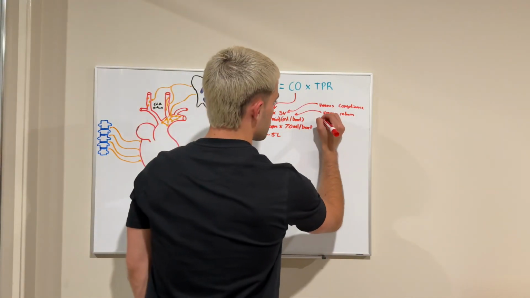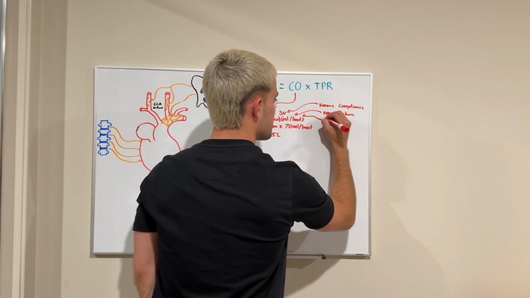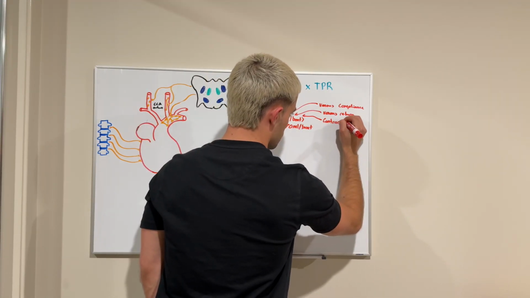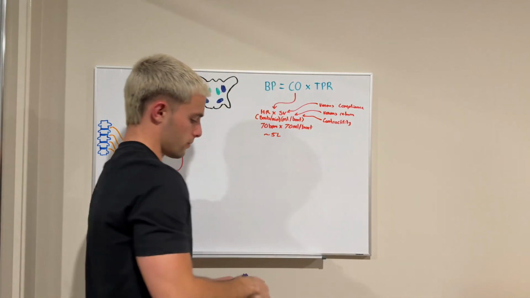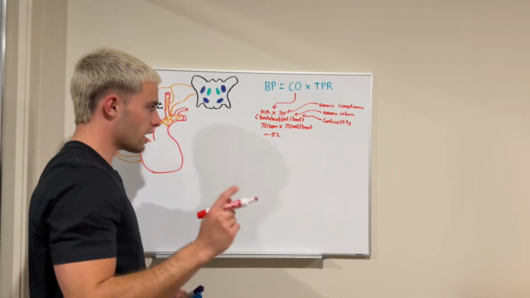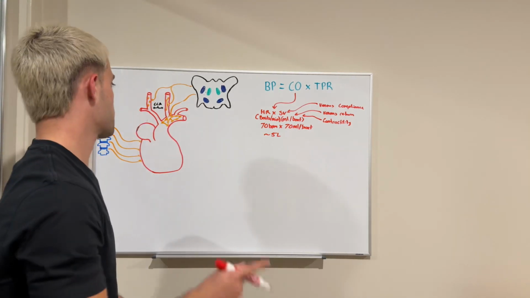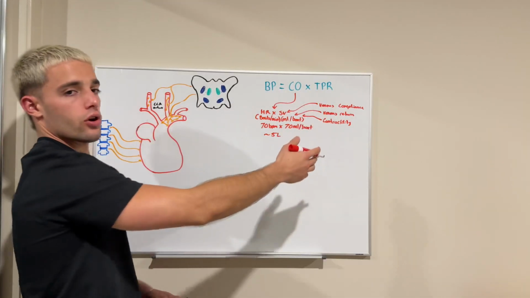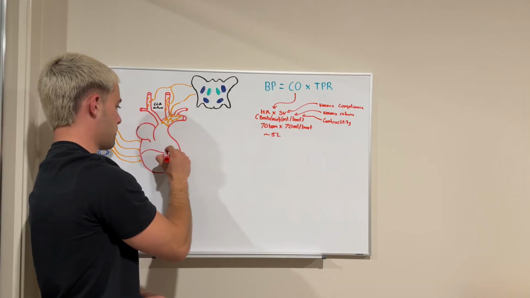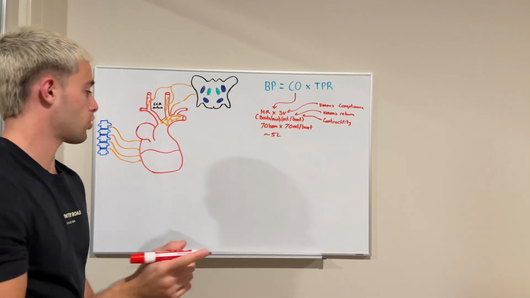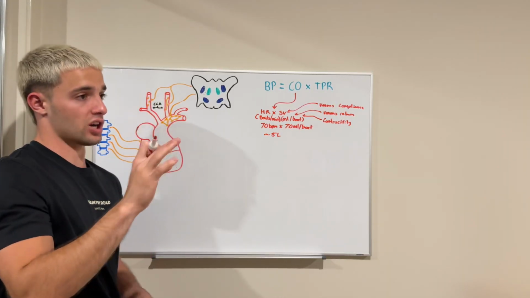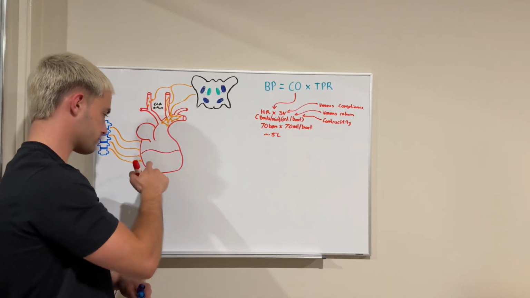The last influence is the contractility. So with contractility, we talk about the Frank-Starling mechanism. Venous return brings blood back to the heart. Then we get what's called the end diastolic volume, which is the amount of blood that's in the heart just before the contraction of the ventricles.